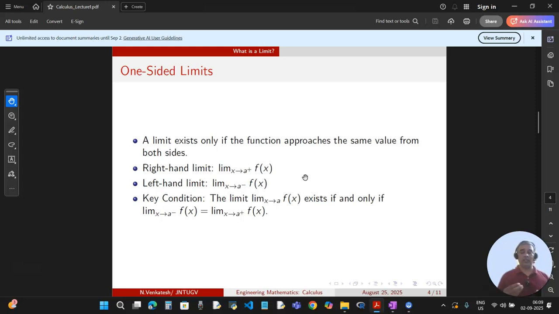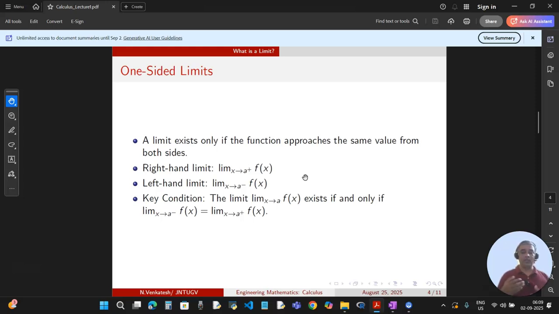So when x is some a plus epsilon, what is the value of f of x? Similarly, the left hand limit, that is limit x tends to a minus of f of x. When x is some a minus epsilon, what is f of x? Like 9:51, 9:52, so on up to 9:59.